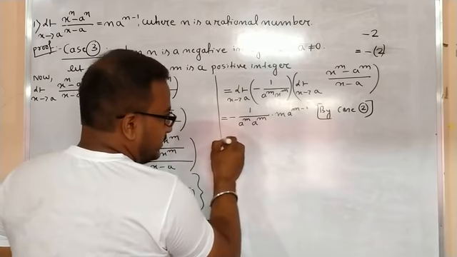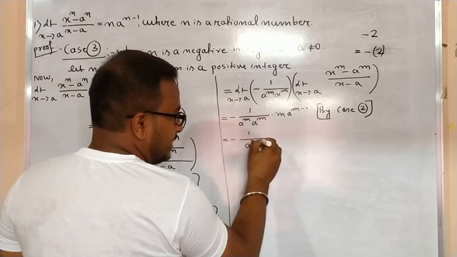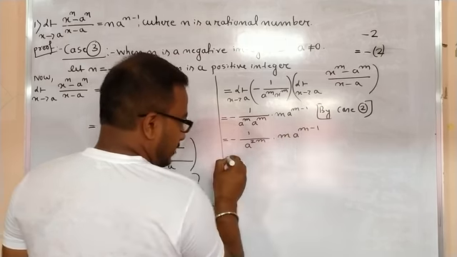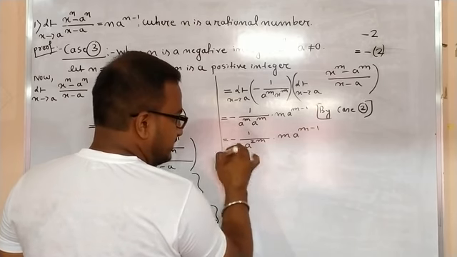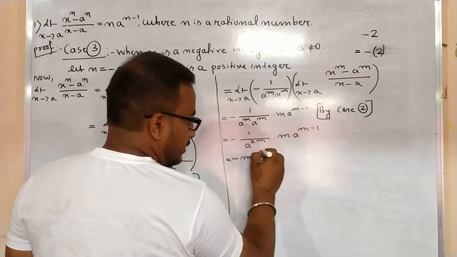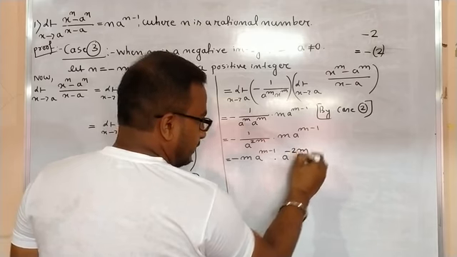Okay, now this is what: minus 1 by, again by law of indices, it is a to the power 2m into m a to the power m minus 1. Now you see, this is minus m, then a to the power m minus 1 into, it can be written as a to the power minus 2m, right?